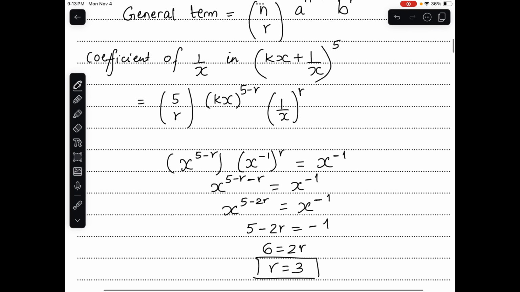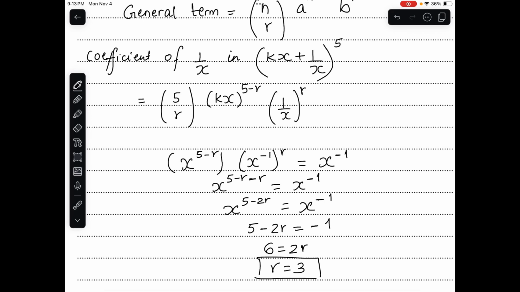Now, go ahead and replace this value of r in the general term. So we're going to replace r as 3 in all these places.